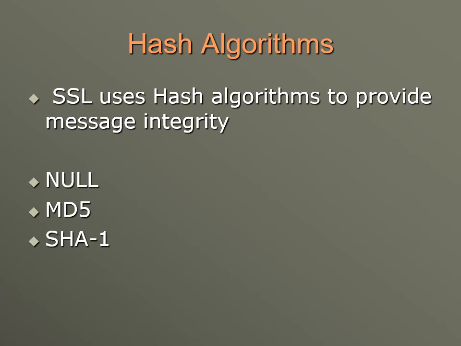In the case of MD5, the two parties may choose MD5 as the hash algorithm, and in this case a 128-bit MD5 message digest is generated. Whereas in SHA-1, the two parties select SHA as the hash algorithm, and in this case a 160-bit SHA-1 hash is used.